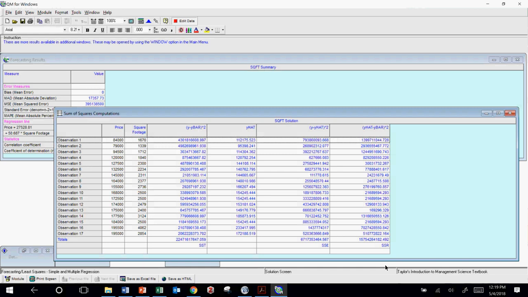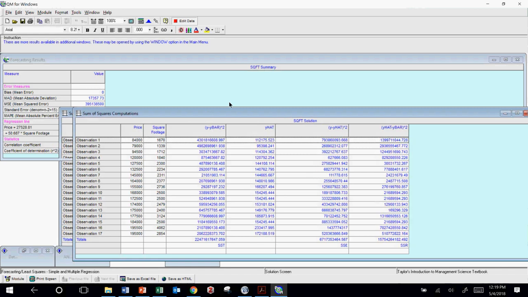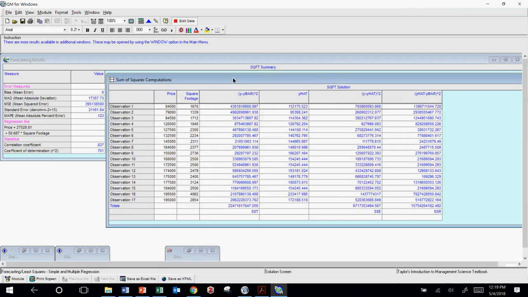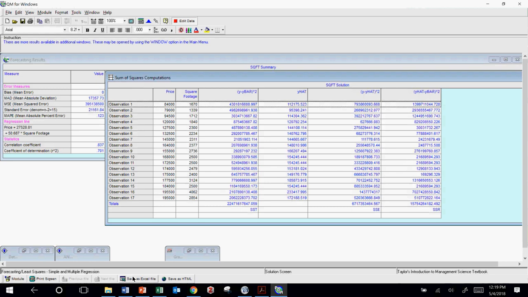And as a quick double check, SSR plus SSE should always equal SST. So now we can save this as an HTML or save this to Excel so that we have one side of our workbook completely done. And we can move on to the next one.